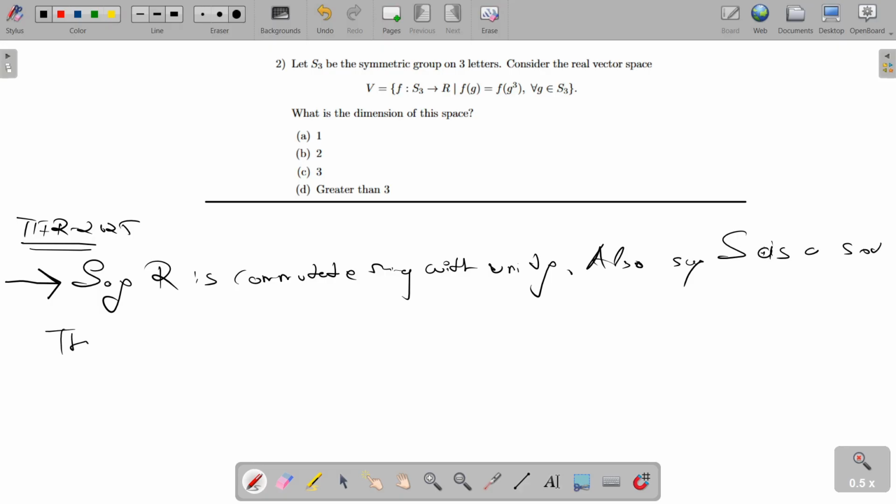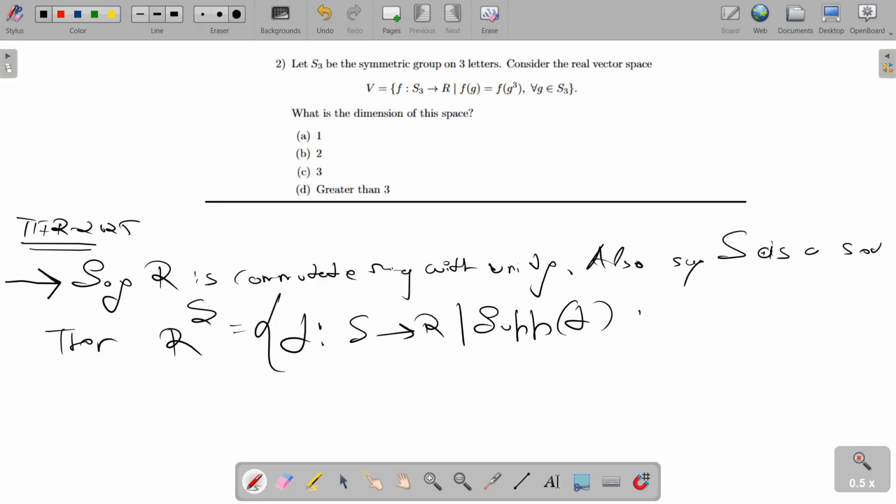Then R power S is all functions from S to R such that the support of f is finite, where the support means f is non-zero at a finite number of elements and the rest are zero.